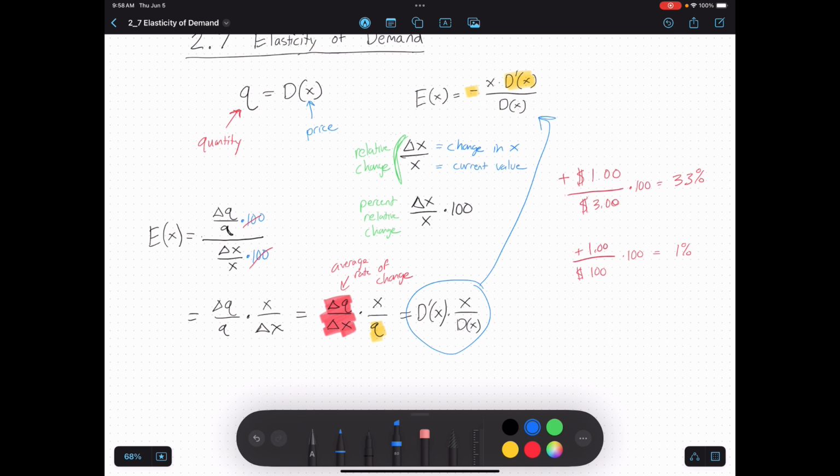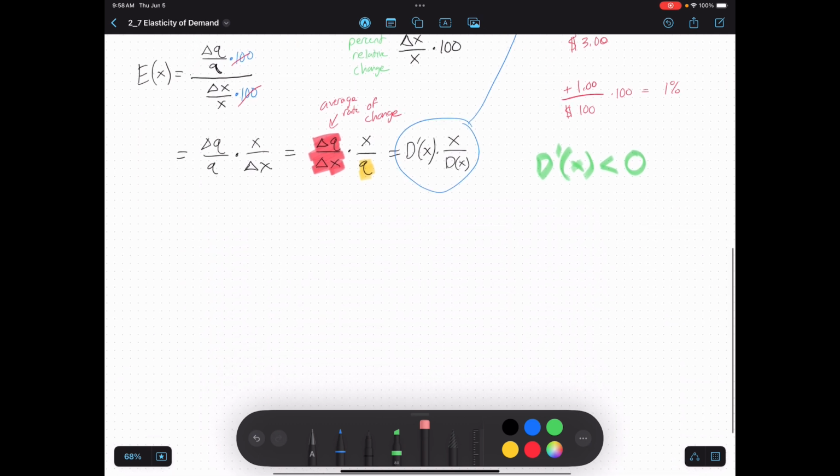So there should always be a negative relationship between quantity and price, and therefore D prime of x is always going to be negative. To compensate for that, we put a negative in front of my elasticity of demand equation. Okay, so let me transfer that equation back down here. Now we know where this equation comes from. It's just me comparing the relative changes.